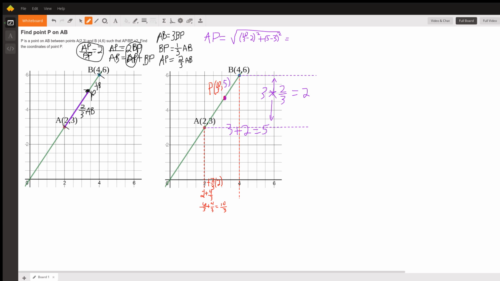I got that minus 2, and then square it, and then add 4, and then take the square root.